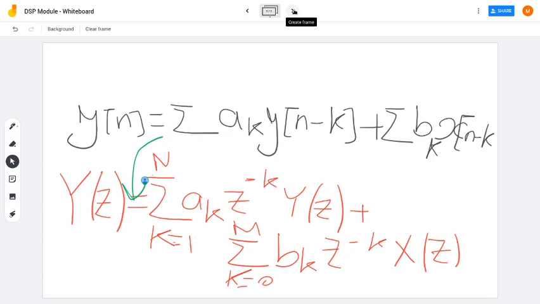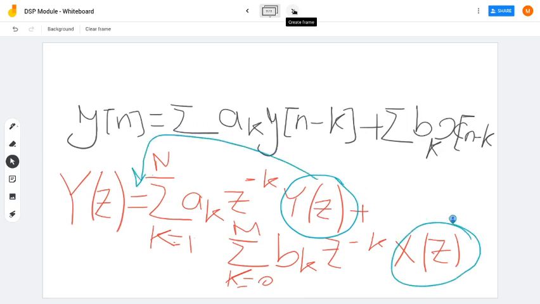Same for X of z, we can move it out of the summation because it does not depend on k. So moving Y of z outside the summation and moving X of z outside the summation, we will get this.